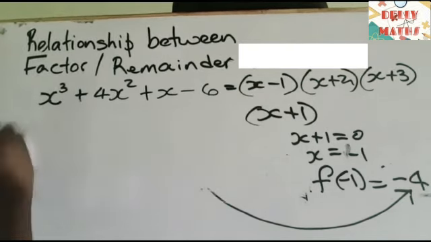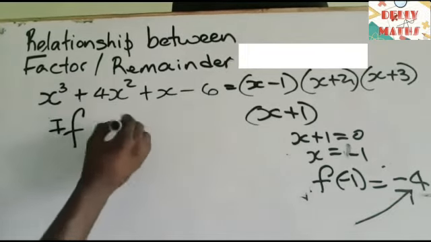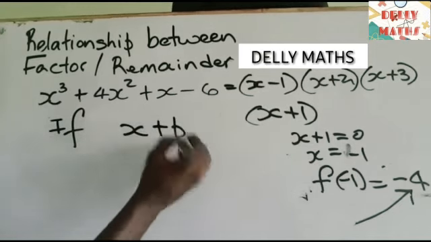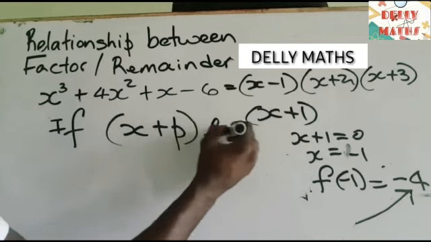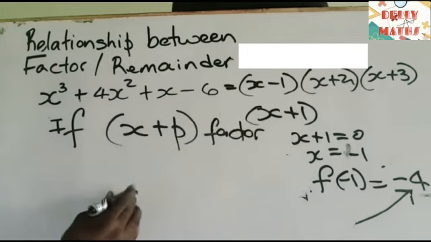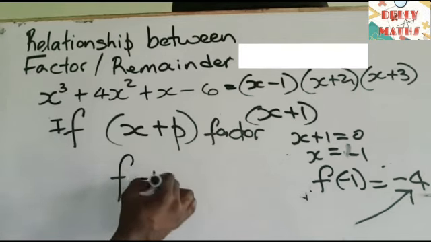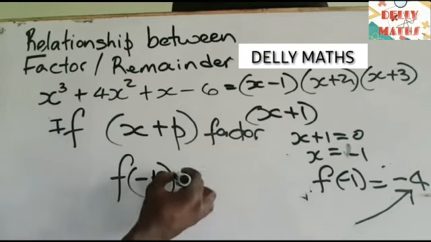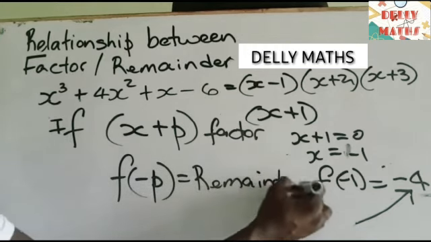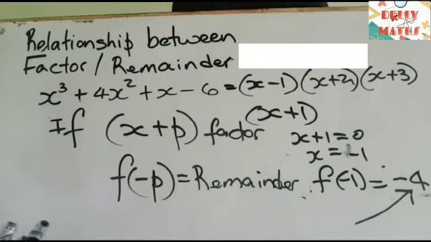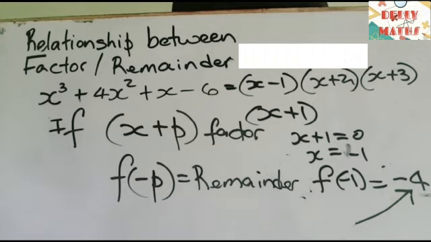A quick conclusion that we could draw is that if x plus p is a factor, then if we evaluate f of negative p, our response will be the remainder. And that is the direct relationship between the factor of a polynomial and the remainder that you'll get.